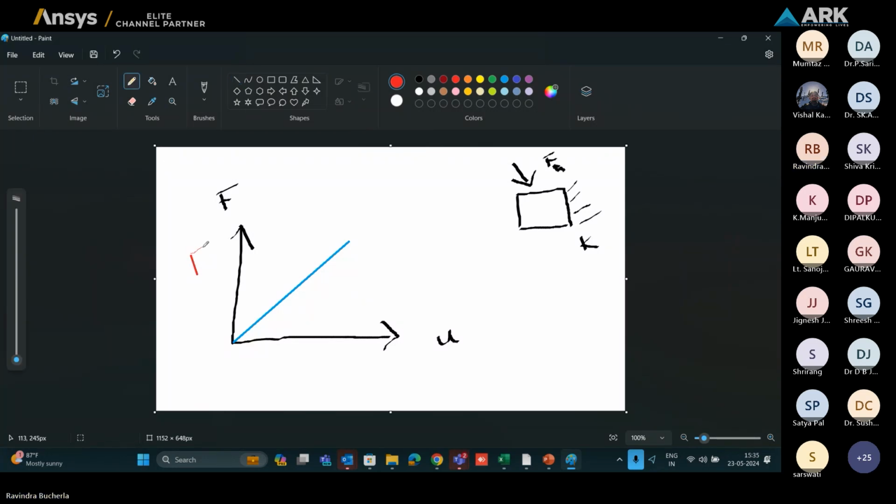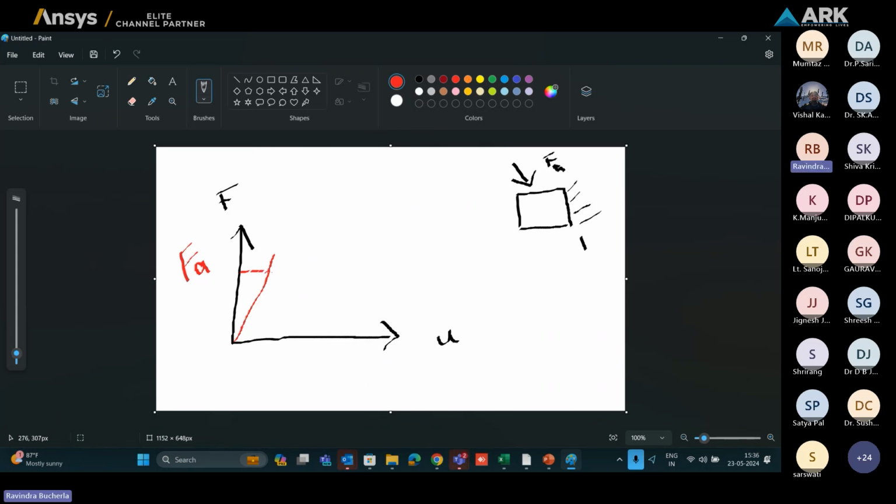Fa is the applied force initially, and let's assume K is the stiffness that we have initially.